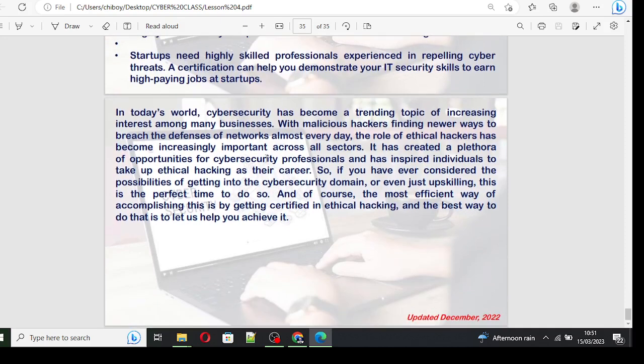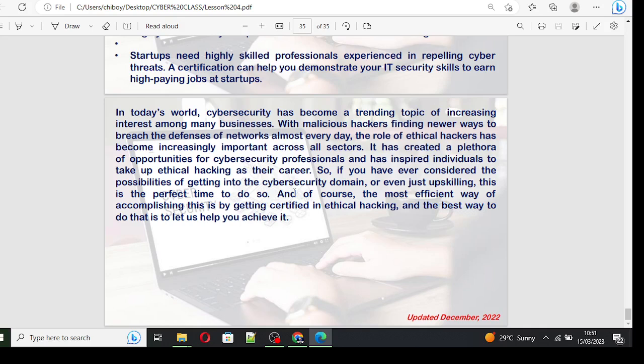In today's world, cybersecurity has become a trending topic of increasing interest among many businesses, with malicious hackers finding newer ways to breach the defenses of networks almost every day. The role of ethical hackers has become increasingly important across all sectors. It has created a plethora of opportunities for cybersecurity professionals and has inspired individuals to take up ethical hacking as their career.